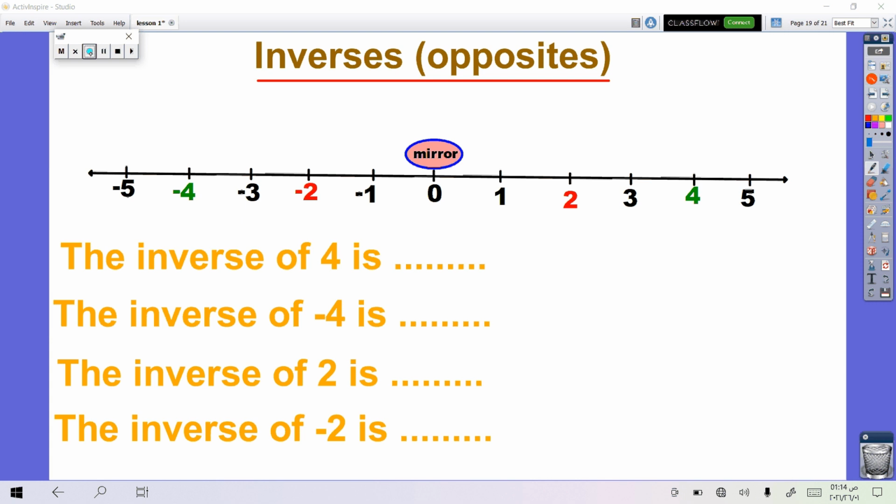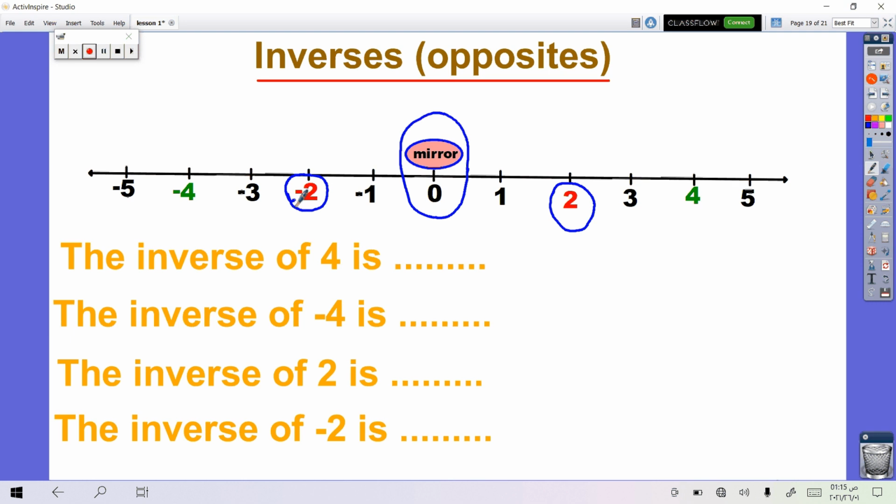Now we have inverses or opposites. Here we have a number line. Assume that 0 is like a mirror. So if we are at number 2, and we want to find the inverse or opposite of number 2, the image of number 2 on this mirror will be negative 2.